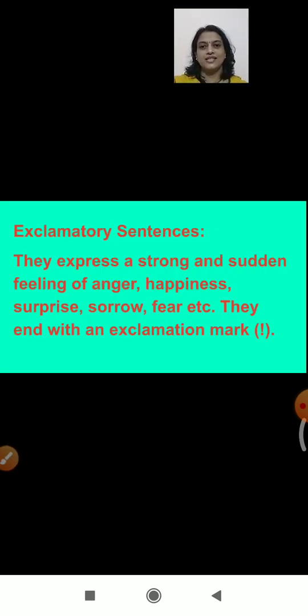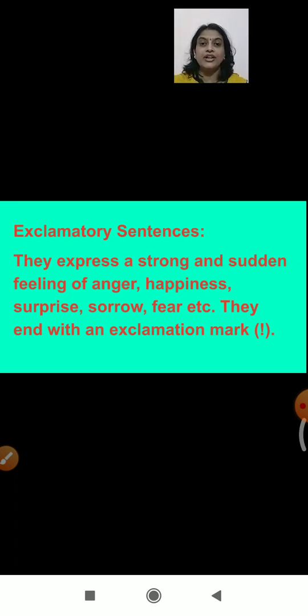Then comes the last one. What is it? Exclamatory sentences. So, again they are very easy. They express a strong and sudden feeling of anger, happiness, surprise, sorrow, fear, etc. So what do you have to look for here?